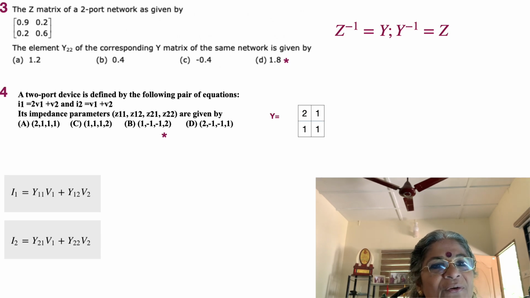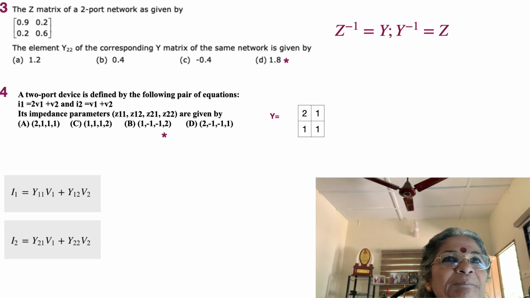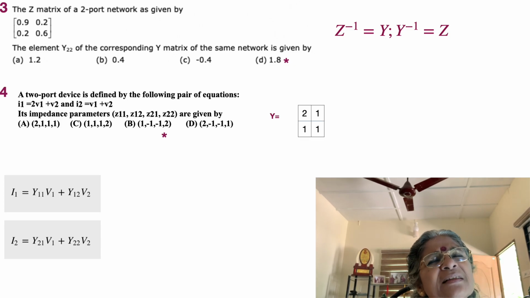If you have a matrix representing Z, you can get Y by simply taking the inverse. If we require only Y22, it's very easy to see, for a 2 by 2 matrix. That's another advantage of working with two-port networks. It will always give you the inverse very easily. First and foremost, you take the determinant: 0.9 into 0.6, that is 0.54, minus 0.04.